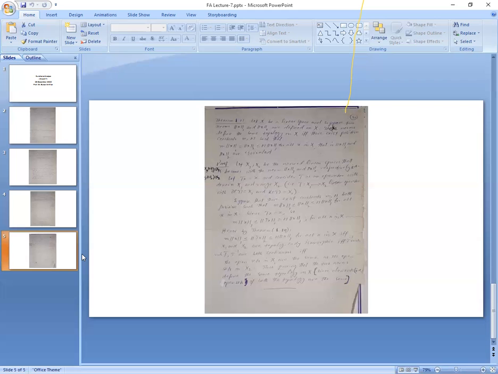These two norms will be equivalent if and only if they define the same topology on X. This is the alternative statement. Proof is not difficult. X is a linear space and two norms, norm 1 and norm 2, are defined on this linear space X.